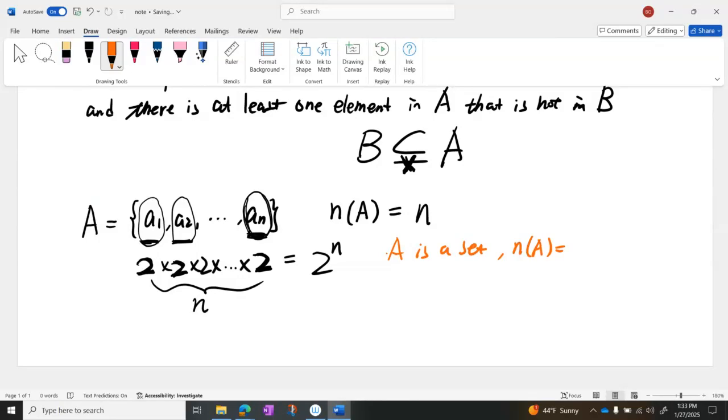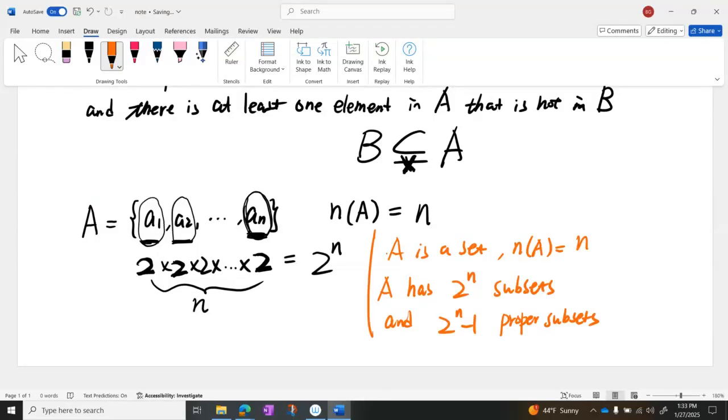If the cardinal number of A is n, then A has 2 to the power of n subsets, and 2 to the power of n minus 1 proper subsets. This is the formula that you need to remember.